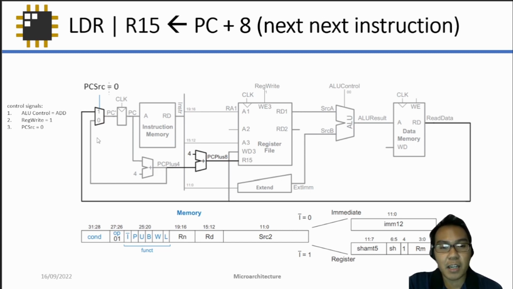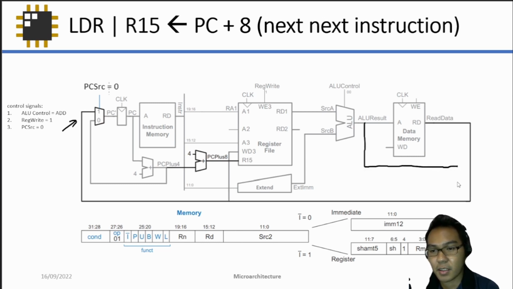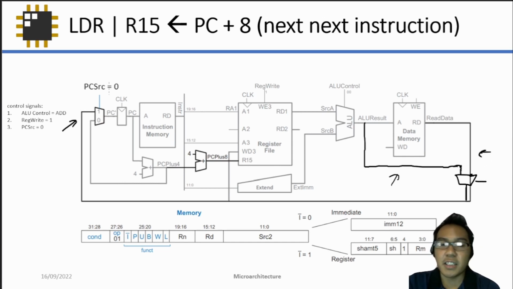If we have branch instructions, the source of the PC has to come from somewhere else, usually the ALU result. So actually, this thing is supposed to have a multiplexer right here. Then you choose whether it comes from the ALU result or the read data, the thing that you write back into PC.